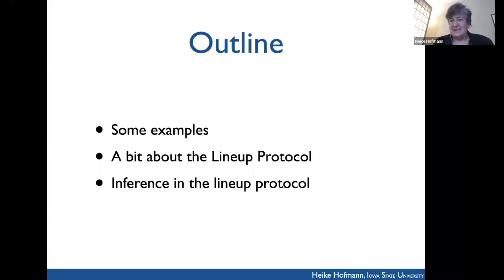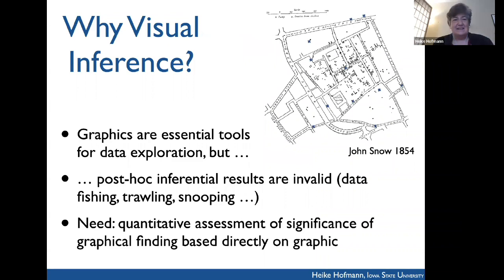So let's just have a look at why we need graphics. Obviously, I think we can all agree that graphics are essential tools for data exploration. But then when it comes to publishing results, a lot of reviewers, a lot of editors will ask, so what's the p-value of that?